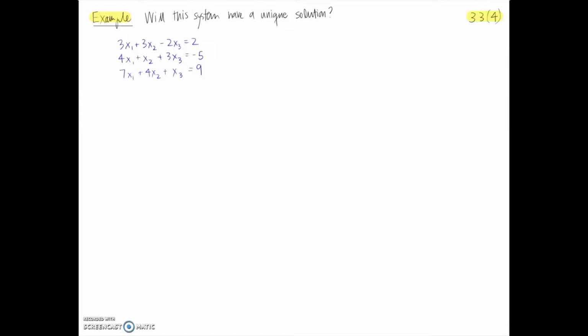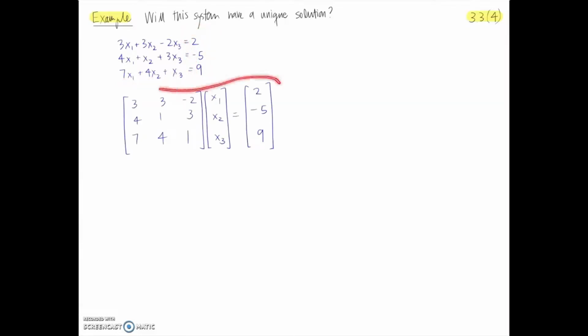I think this is pretty cool, actually, that to determine if a system has a unique solution, we only need to look at the coefficient matrix. It actually doesn't even matter what these numbers are. Once we know that A has a determinant that's non-zero, it really doesn't matter what these numbers are, we will still get a unique solution.